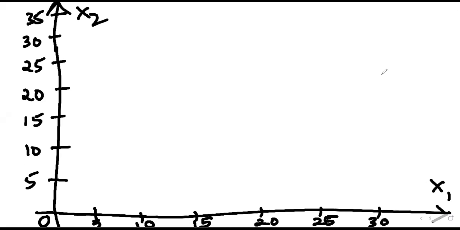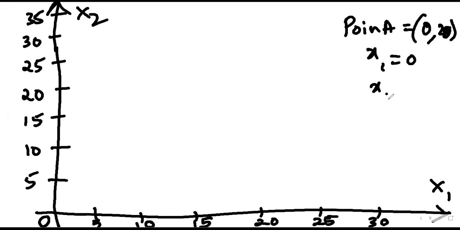Okay. So what is point A? 0 and 20. Hence x1 is 0, x2 is 20. Everyone agrees to this? Yes, sir.